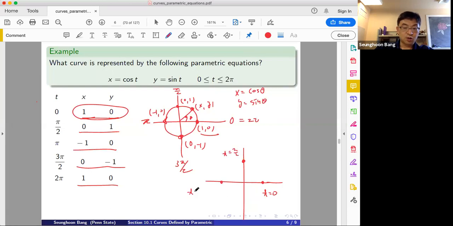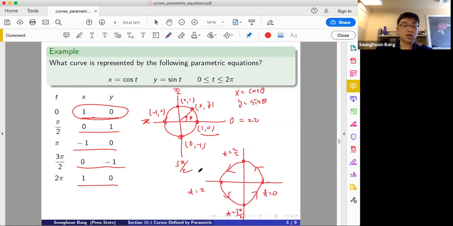Here t equals pi. Here t is 3 pi over 2. So what's the direction? It moves like this. Exactly, counterclockwise direction.